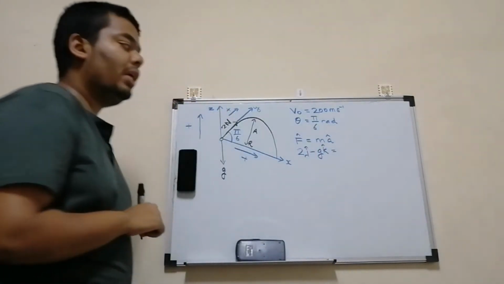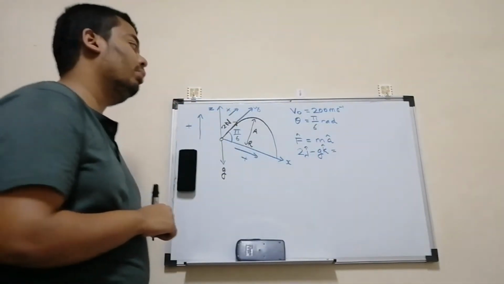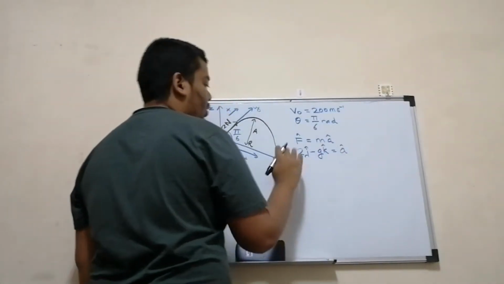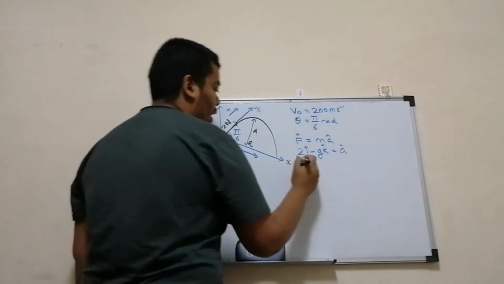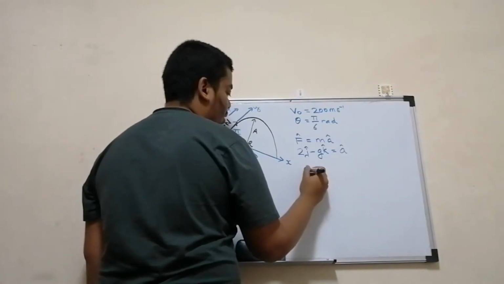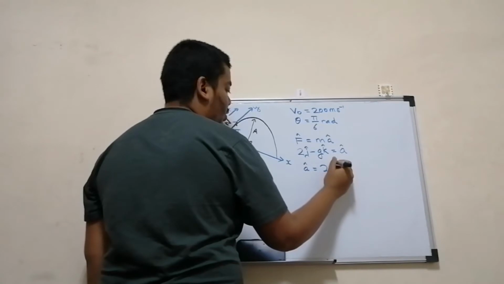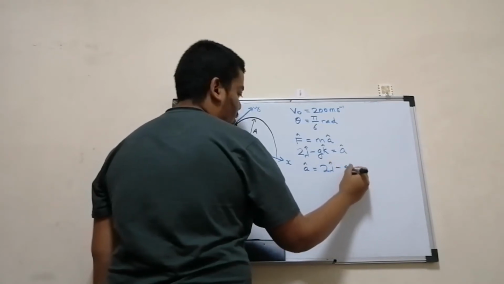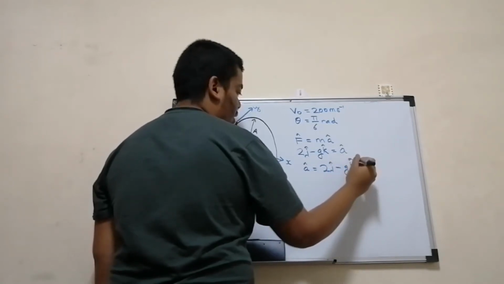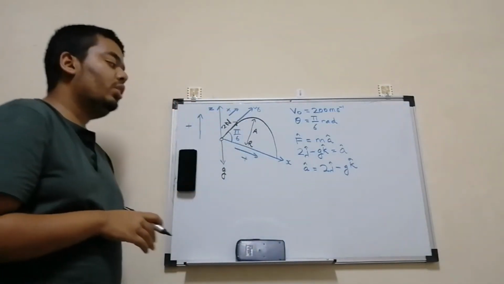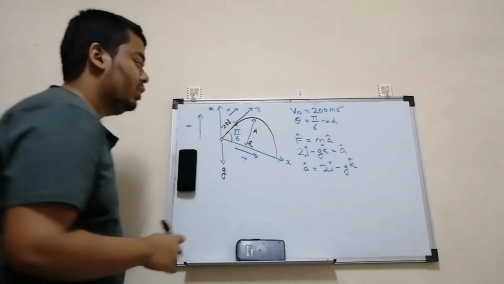So what is m? m is actually 1 kilogram, so it will be left with us with a. Okay, so this is our acceleration vector. Our acceleration vector is given by a is equal to 2j minus gk.